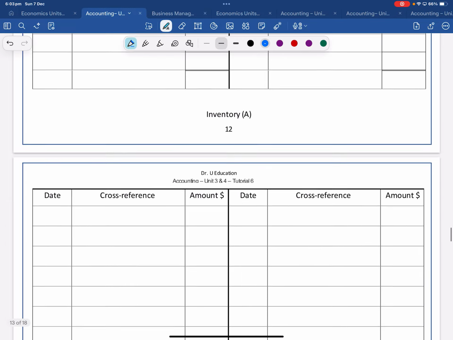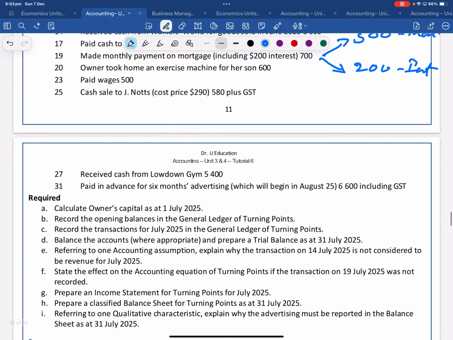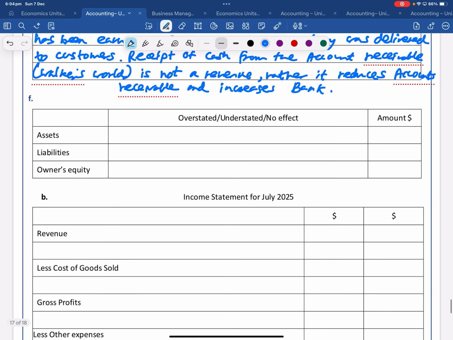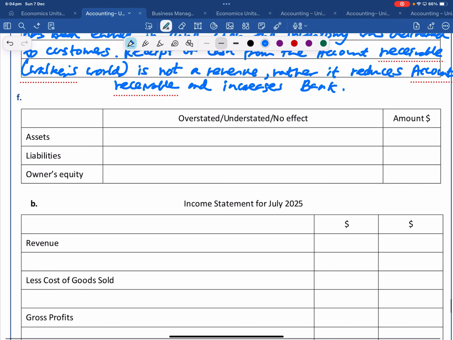Okay guys. Then they're asking the effect on the accounting equation. Now we can write. This is exactly what you have to do in VCE, including your SACs. Assets.